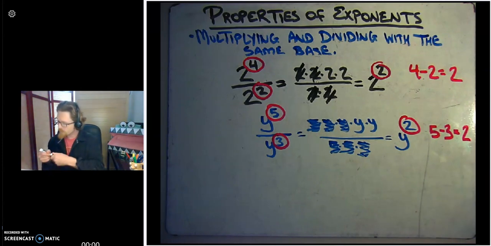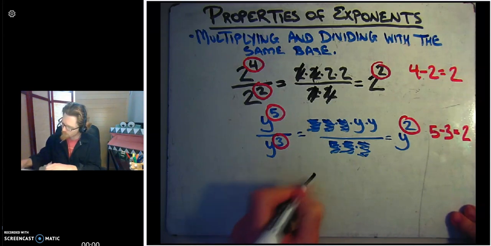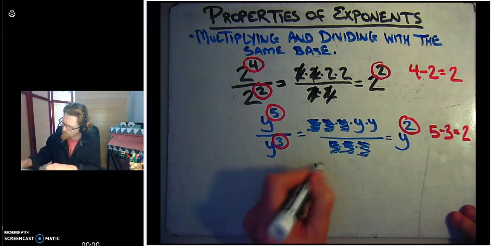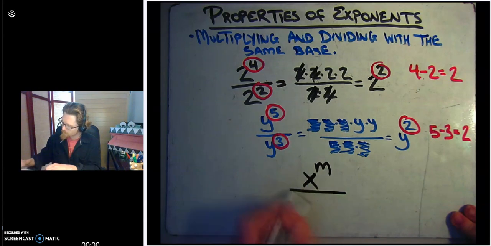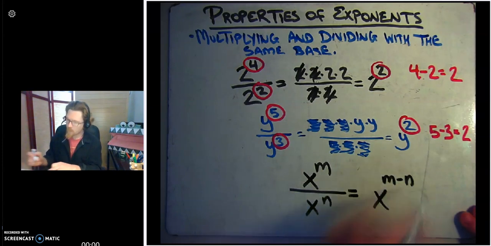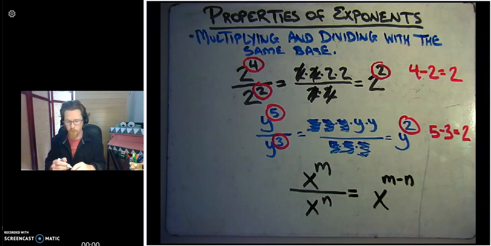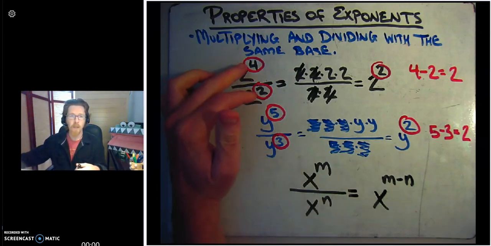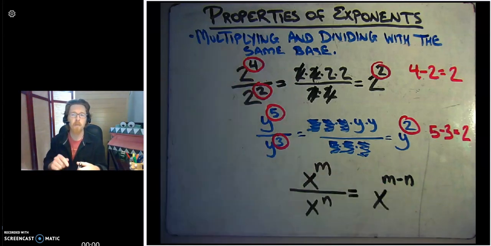When you have a number raised to an exponent and you divide it by that same number raised to an exponent, the shortcut is to subtract those powers. And so we've taken a look at 2 separate properties, where division is related to subtraction and multiplication is related to addition.